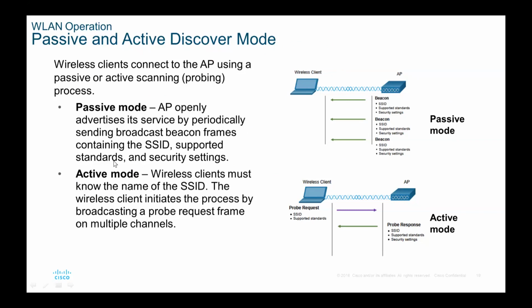In the active mode, the access point will not send any beacons, but the client should know beforehand what the service set identifier is and then initiate the connection, so authenticate the connection. So the client who wants to connect with the access point should know the service set identifier beforehand and then initiate the connection establishment.